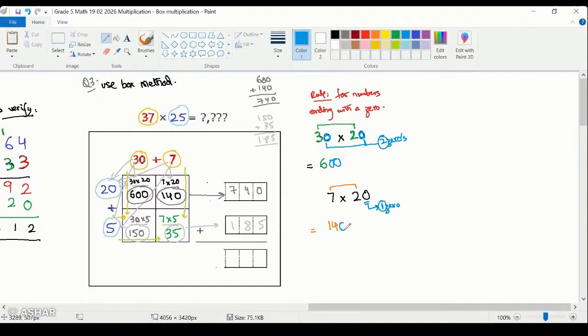So we make it 140. This is the rule for multiplying a number which is ending with a 0. Do we agree on this? Perfect. 7 multiplied by 2 was 14, and there was 1 zero, so we simply put 1 zero at the end.